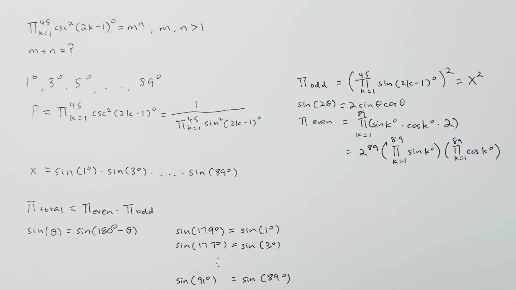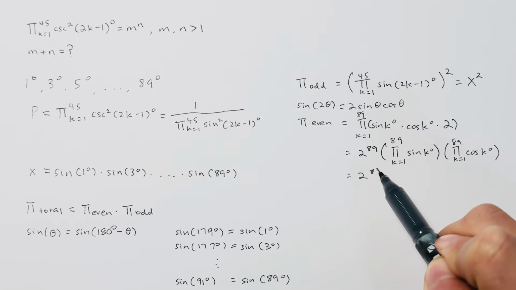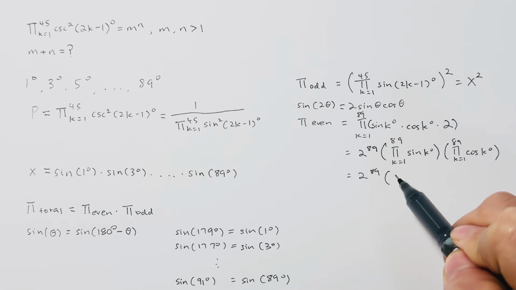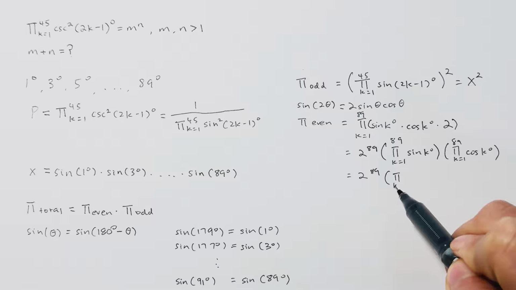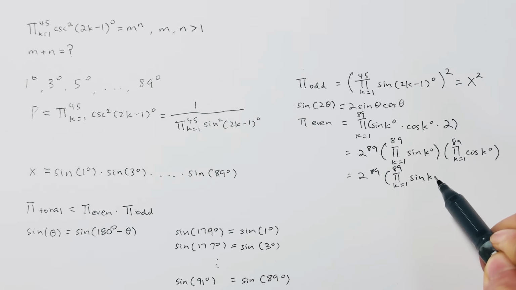So we can simplify this and get 2 to the power of 89 times the product k equals 1 to 89 of sine k degrees, squared. And now we can relate this to the product of all the total numbers. We can split this into 1 to 89, sine 90 degrees, and 91 to 179.